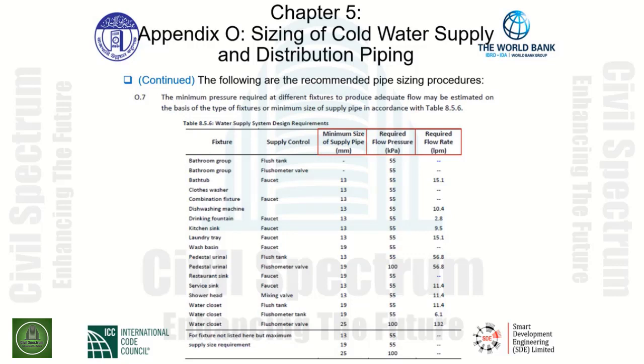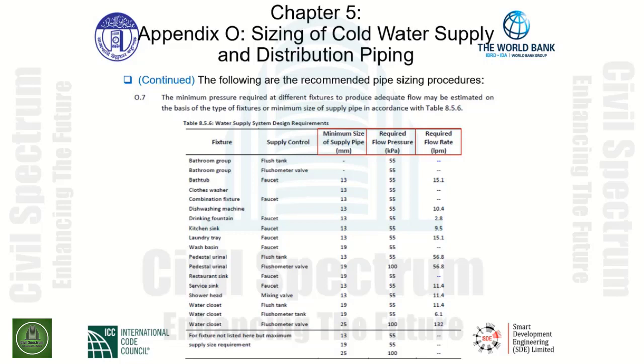The following are the recommended pipe sizing procedures. In 0.7, the table was indicated as Table 8.5.6. This table gives us water supply system design requirements.